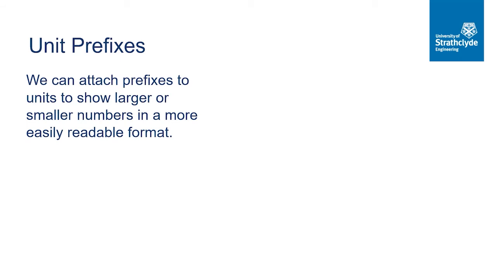Another consideration that is made in the SI units is that of unit prefixes. We can attach prefixes to any unit, be that grams, meters, or seconds. We can attach these prefixes to those units to allow us to talk about the same physical quantity with the same unit of measurement, but at completely different scales.